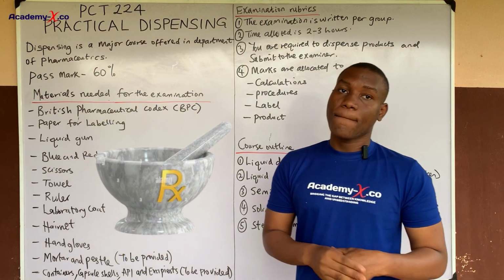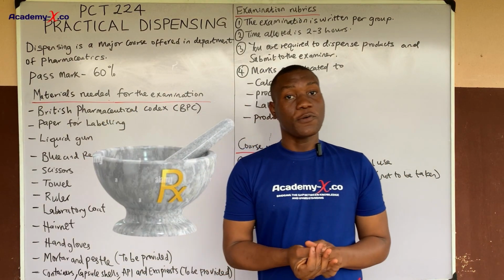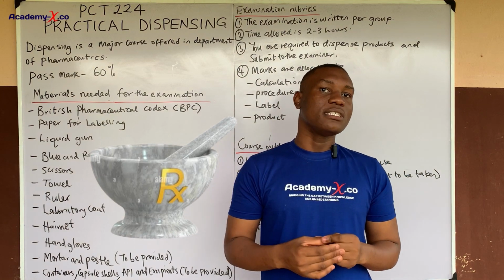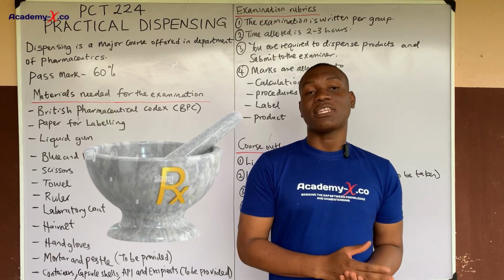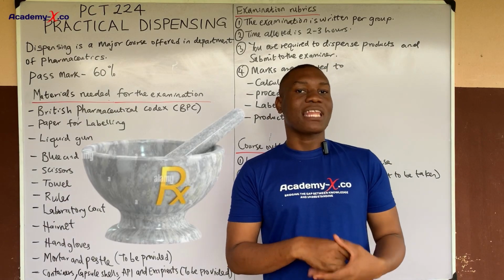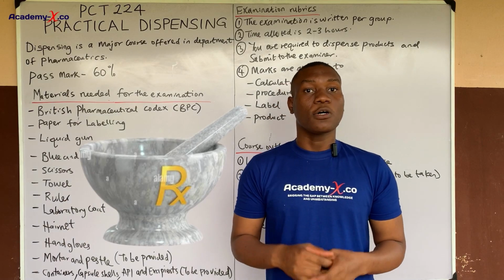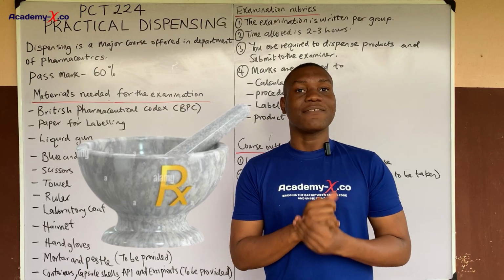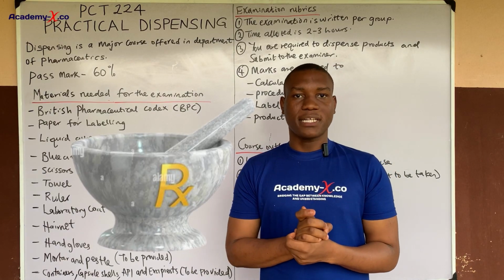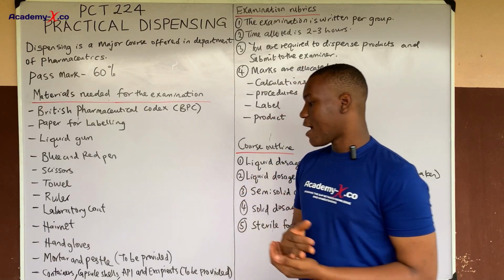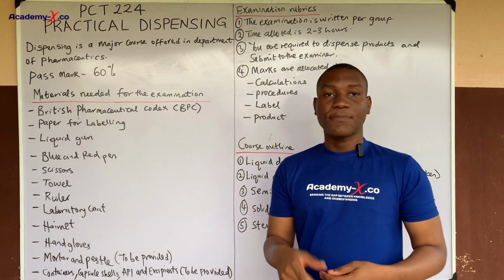We have the mortar and pestle. This will be provided for you in the laboratory, so you don't need to bring it. Remember that the mortar and pestle is the symbol of pharmacy. Dispensing is the main thing in pharmaceutical practice, so they must provide you with a mortar to practice dispensing. We also have containers, capsule shells, APIs, and excipients.